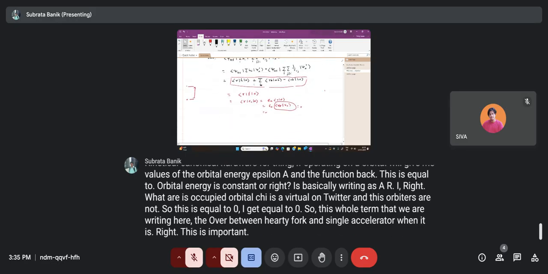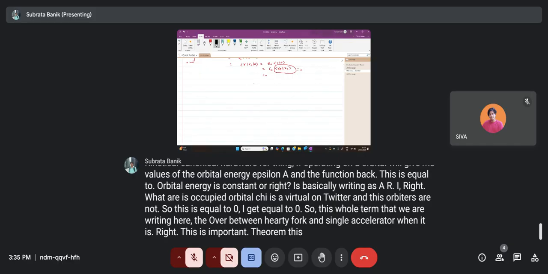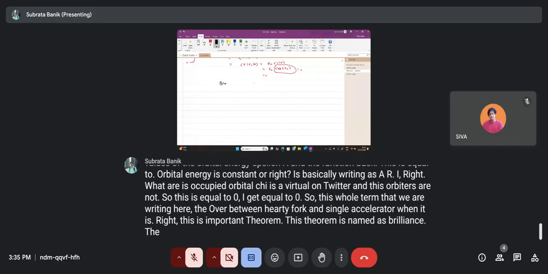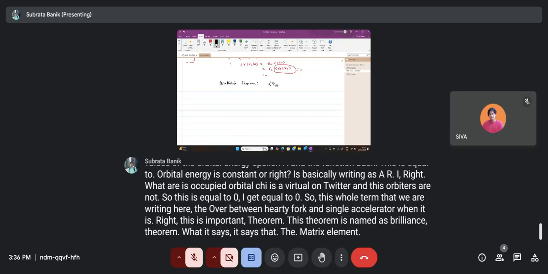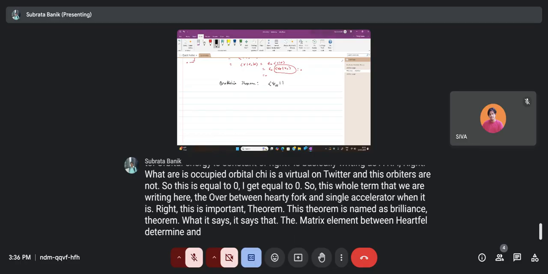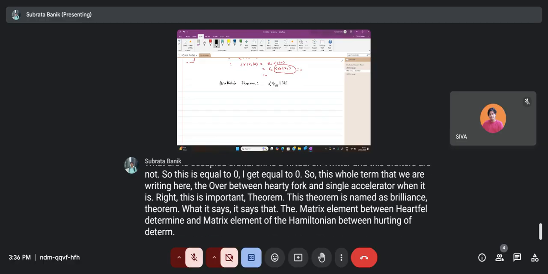This is an important theorem, named Brillouin's theorem. What it says is that the matrix element of the Hamiltonian between the Hartree-Fock determinant and the singly excited determinant is equal to 0. I have just proved this theorem.